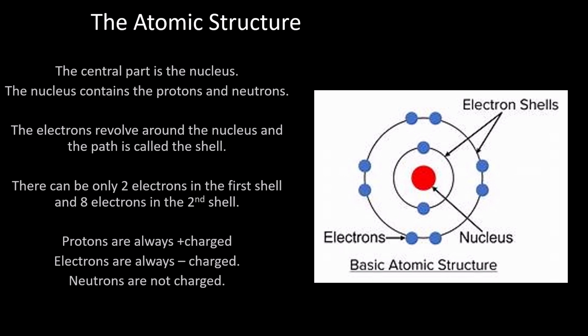The electrons revolve around the nucleus, and the path is called the shell. There can be only 2 electrons in the first shell and 8 electrons in the second shell. Protons are always positively charged. Electrons are always negatively charged. Neutrons are not charged.